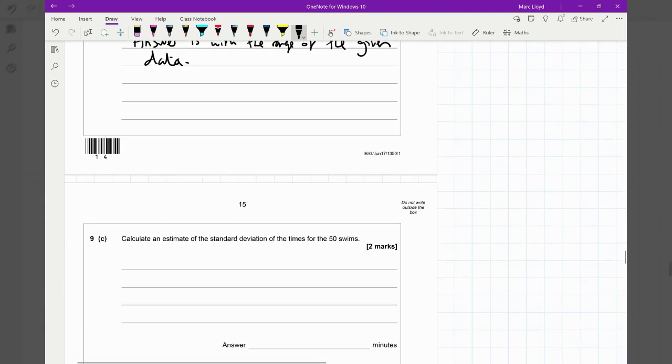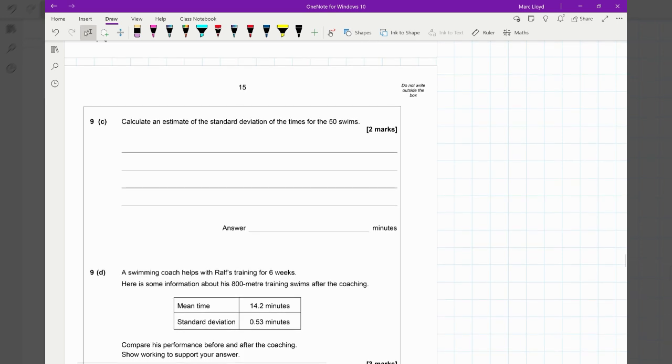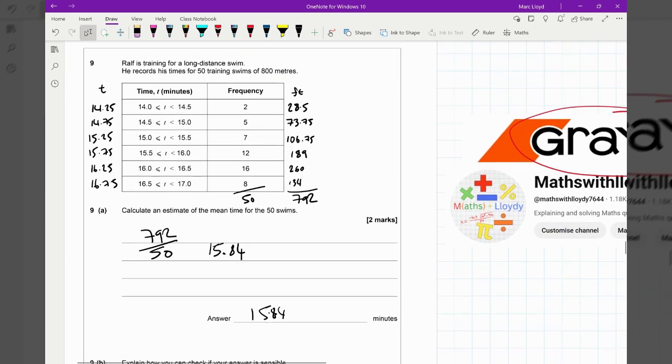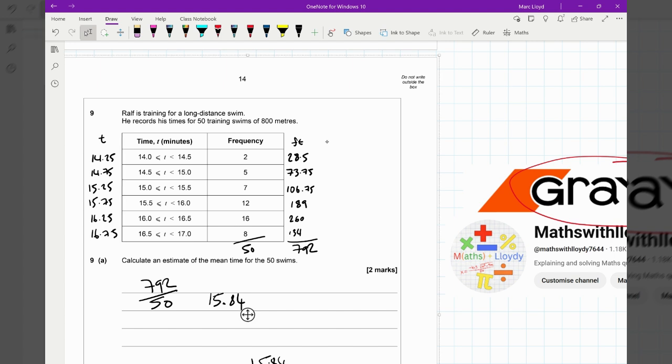Okay, so here it is, estimate the standard deviation. So what we need from here is ft squared. And that means that ft is multiplied by t. If you square your values of ft, that gives you f squared t squared. That's not the correct data for standard deviation. So we're going to have to multiply all of these by the midpoint again, which means some of these numbers could get quite big.